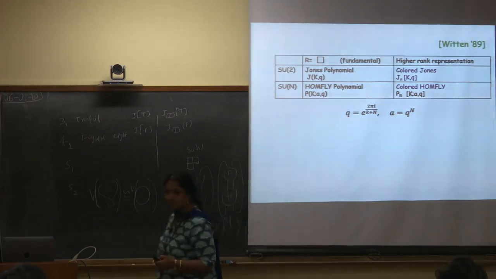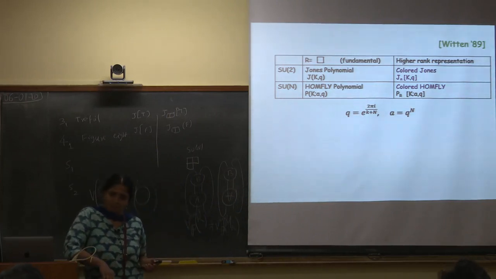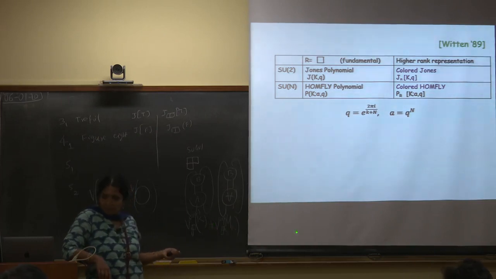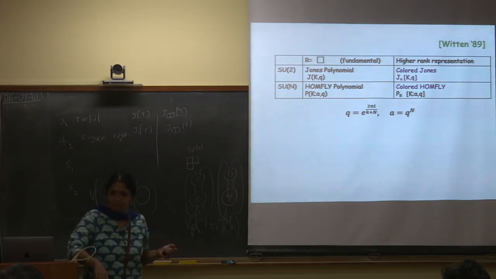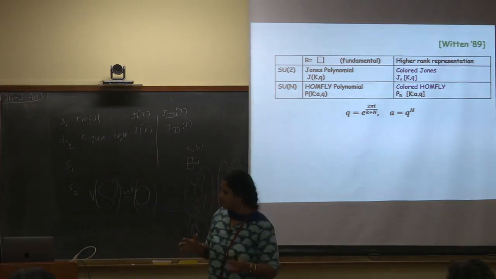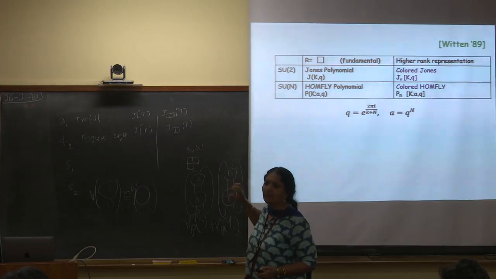But from physics, is it clear that there should exist knots which are not distinguished by any of these things, even by colored invariants? This one we thought initially was not going to be distinguished, but later on we found that mixed representation has one more property. If you take a tensor product of two mixed representations, the irreps which you get can repeat.